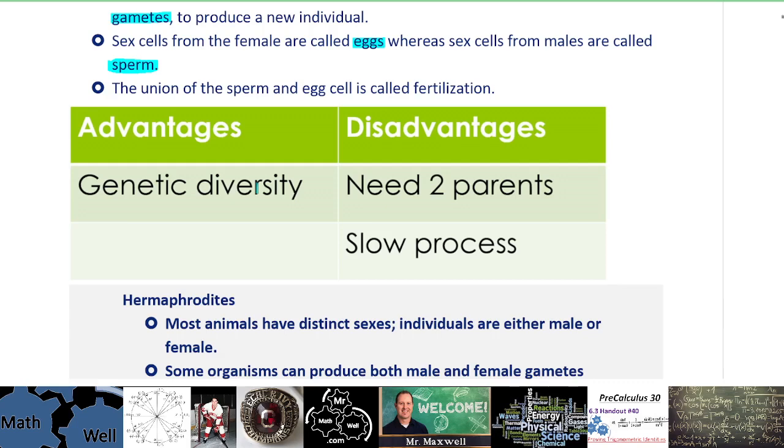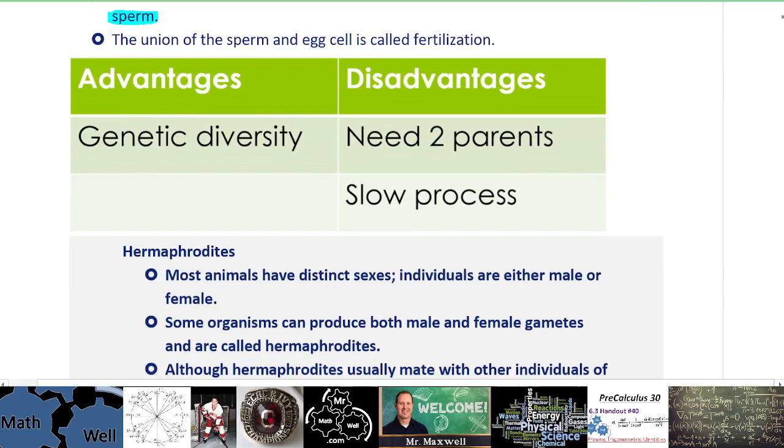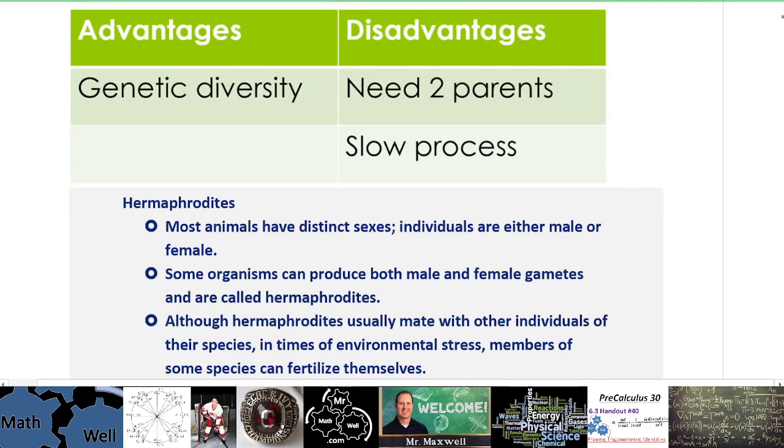But when you have sexual reproduction, two parents are needed, and this produces a wide range of genetic diversity, which of course we'll talk a lot about, and you are very familiar with. Some of the disadvantages are that two parents are needed to form the individuals, and it's a relatively slow process. Asexual reproduction that we studied yesterday in plants can happen very quickly. This is often a slow process as a new individual is created from two different individuals.